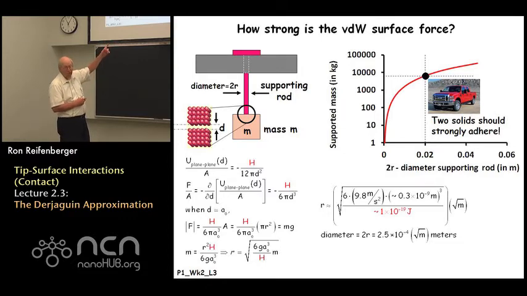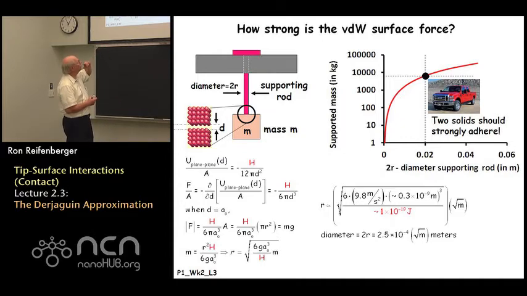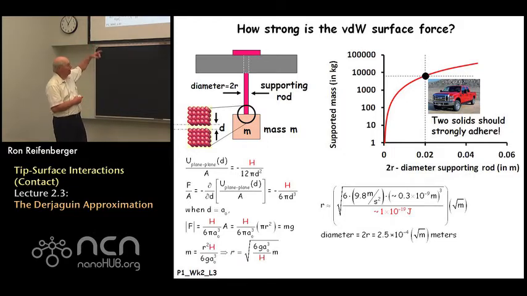And the answer is quite surprising. For instance, if you have a rod that's got a diameter of 0.02 meters, that's 2 centimeters. Well, 2 centimeters is about that big. This simple calculation says you should be able to hold up or lift up roughly 8,000 kilograms of mass, just based on van der Waals interactions between the atoms on either side of the interface that's formed between the supporting rod and the mass m.